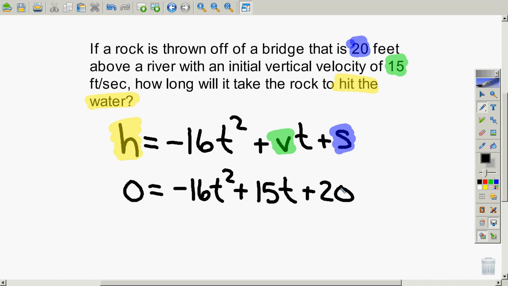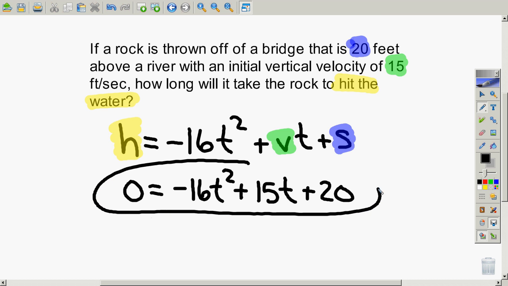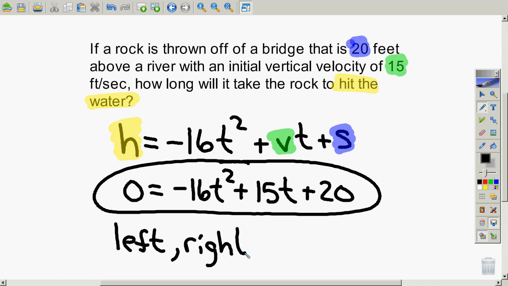We learned a number of ways to do this. Now that you know the quadratic formula, you could use that. Or we typed this into our calculator and did left bound, right bound stuff here after hitting second trace.